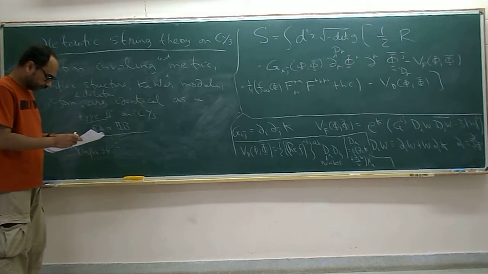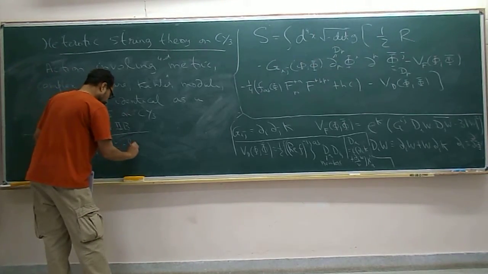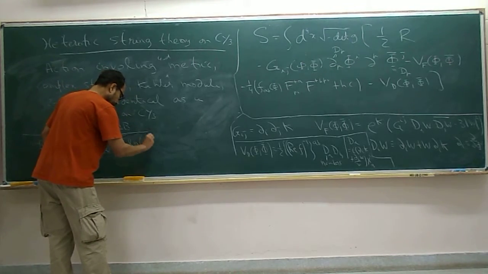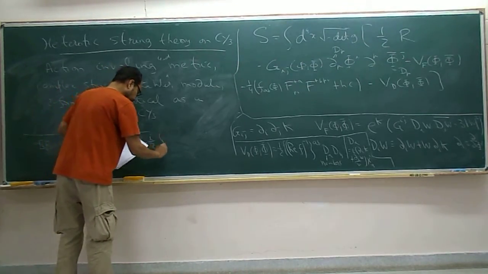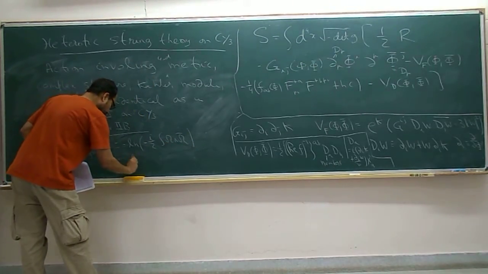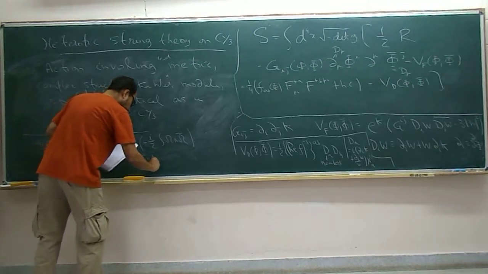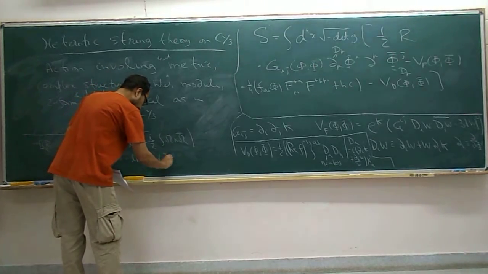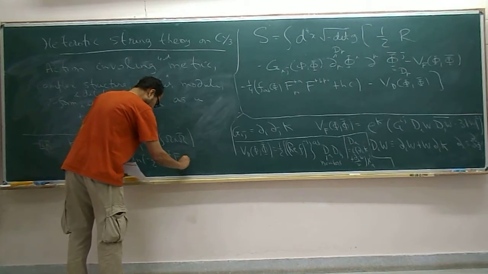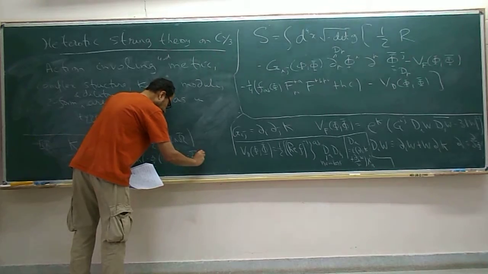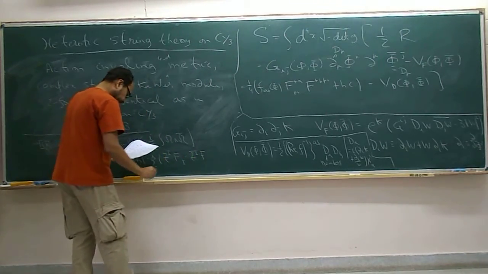Minus log of, which you can also write as minus log of minus i by 2, the general formula, zeta I bar zeta I Fi bar minus.